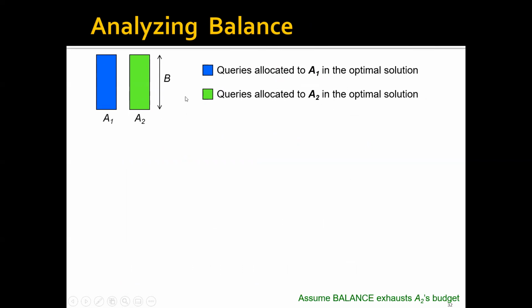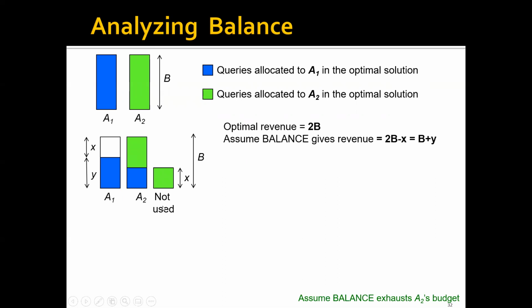So we have the blue part representing the queries allocated to A1 and the green part representing the queries allocated to A2, right? Now, remember that in this case, the optimal revenue will be 2B. And let's assume that the balance algorithm gives the revenue 2B minus X, which is equal, let's say, to B plus Y, as we can see in this figure here.